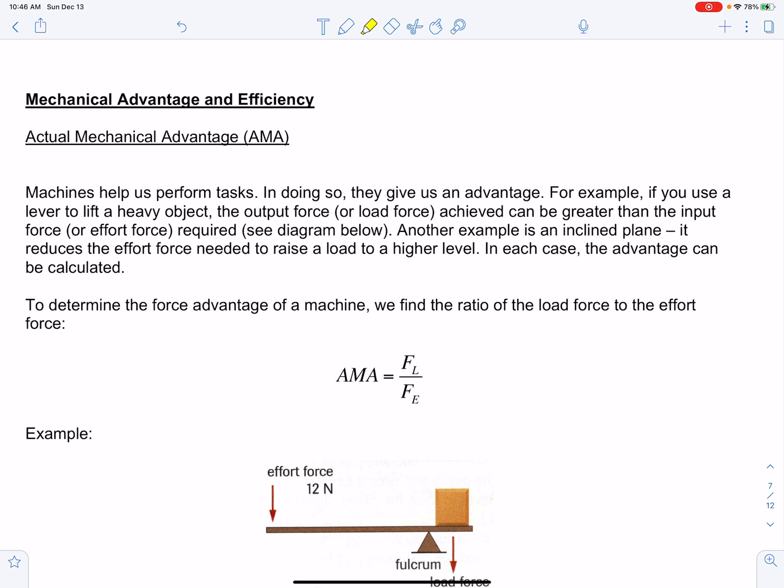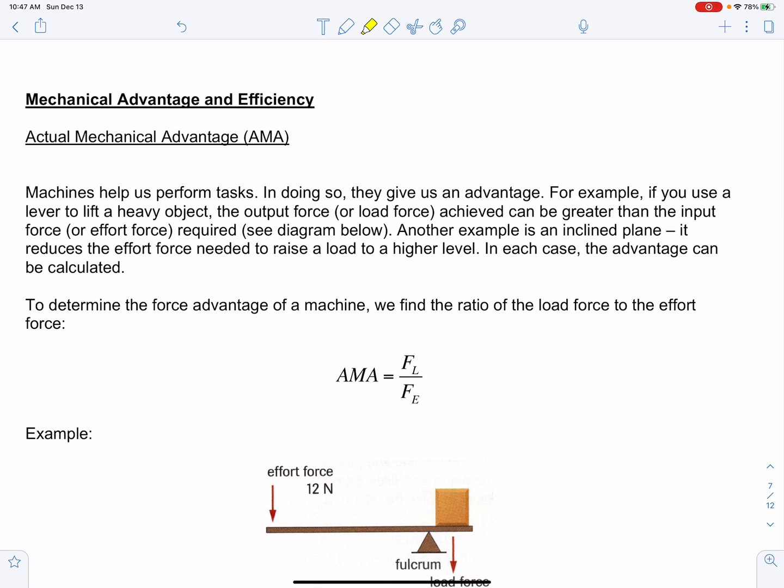Another example is an inclined plane. It reduces the effort needed to raise a load to a higher level. For example, whenever we use a ramp to bring an object up to a higher level, it takes less force than is required to actually lift that object up onto that higher level.